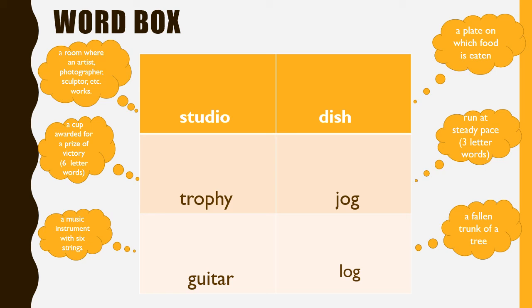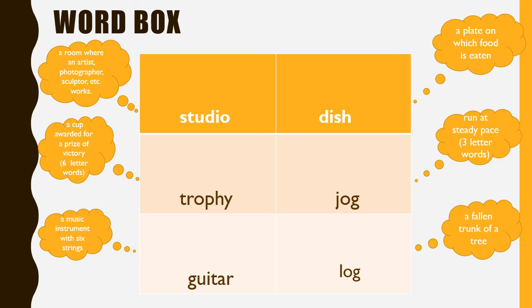Next word, guitar. A guitar is a music instrument with 6 strings. I'm sure everyone has seen a guitar, correct? Now make a sentence using the word guitar. My sentence is, I want to play the guitar. Alright, next word, log.